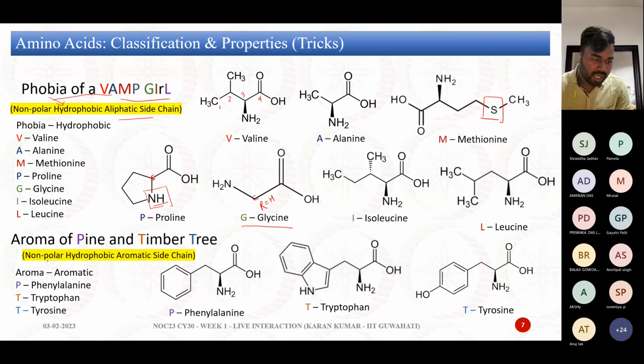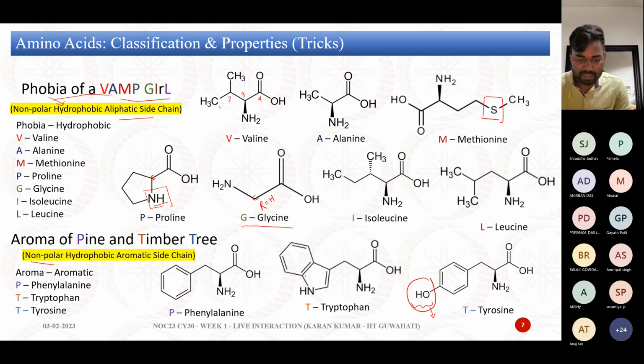Another set of non-polar amino acids are the aromatic side chain containing amino acids, which are phenylalanine, tryptophan, and tyrosine. Here, tyrosine also has a hydroxyl group attached to this benzene ring, so it has more polarity than these two.